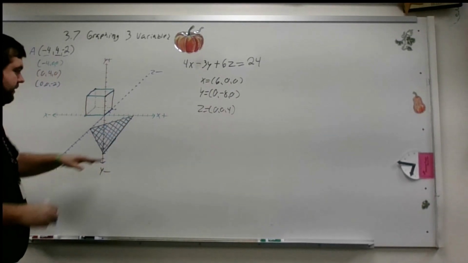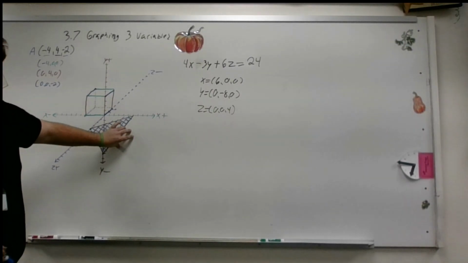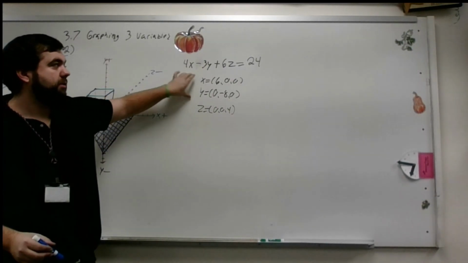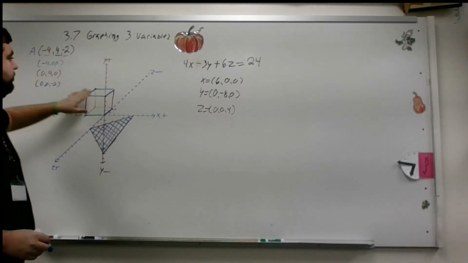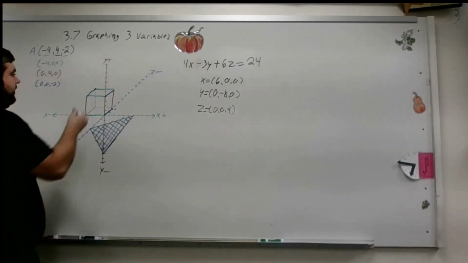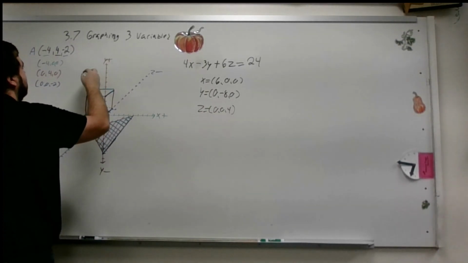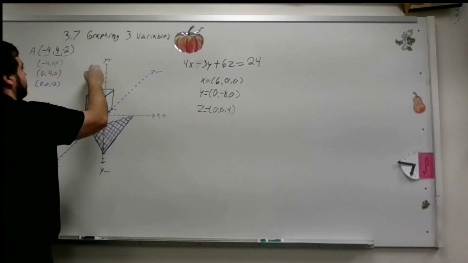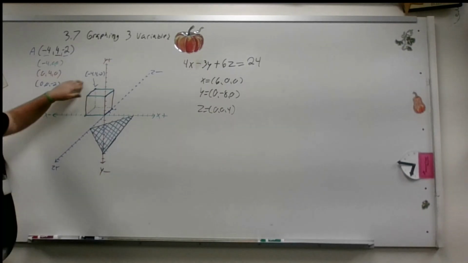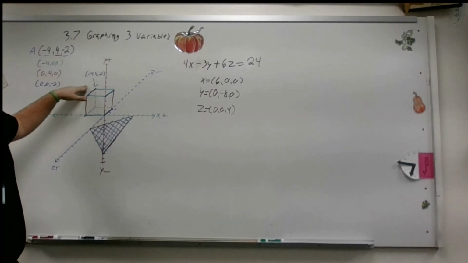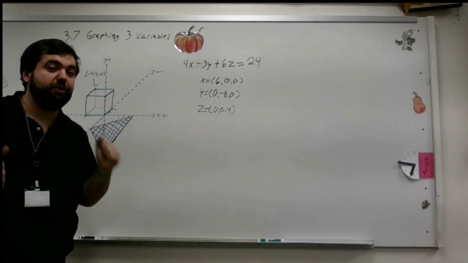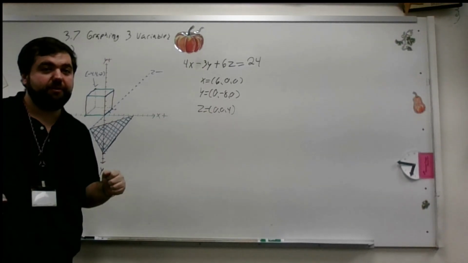So draw a plane for an equation, draw a point. Oh, finally, of course, I almost forgot, label your point. So draw your cube, label your point. That's why I keep saying your cubes don't need to be perfect.